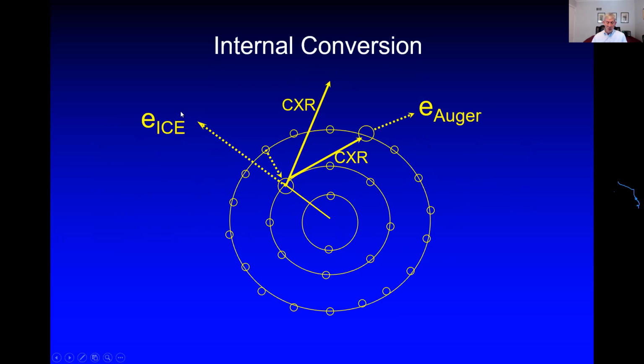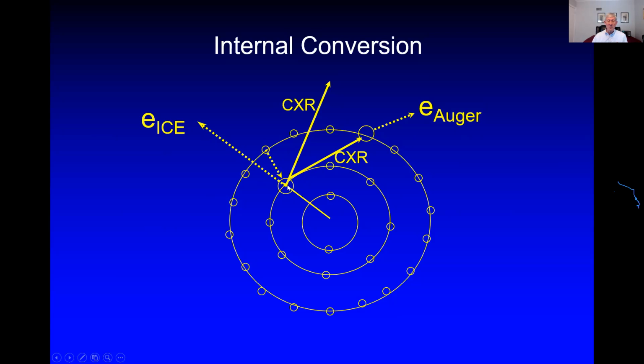There it is. We call that an ICE. This process is called internal conversion because the excess nuclear energy is internally converted within one atom into the kinetic energy of this electron. And then we're going to have this electron, as before, drop down, fill the vacancy, and produce characteristic X-rays and Auger electrons.